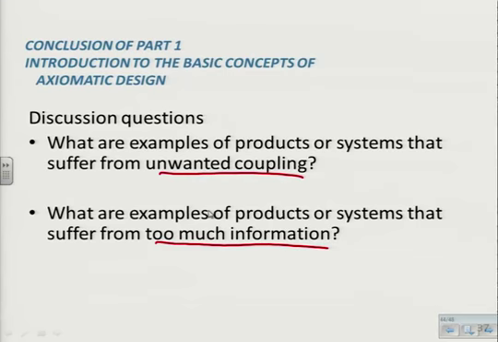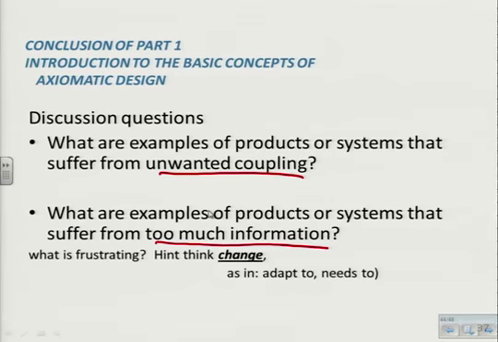So what we're looking for are examples of things that could be improved by the application of the axioms. Now here's something. As you're looking for these, think about what's frustrating. What are the things that I'm not looking forward to having to do? Why am I not looking forward to having to do those? Are there some things that are linked? And think about the way things are changing, or my inability to make adjustments.